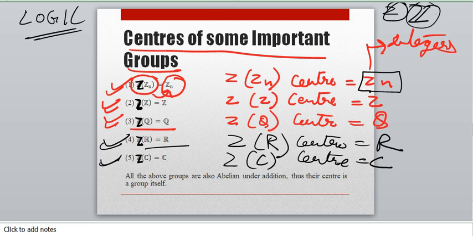Now, what I want you to know is that all the above groups are also abelian under addition. Thus their center is a group itself. These centers are groups themselves.